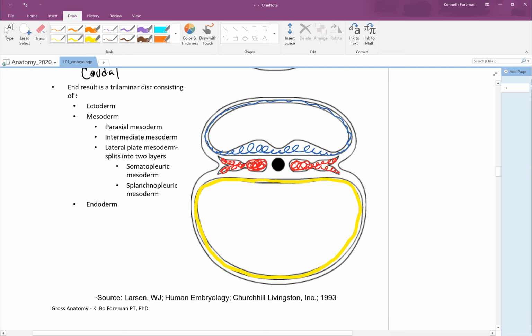And again, here we have two cavities. We have the amniotic cavity and the yolk sac.